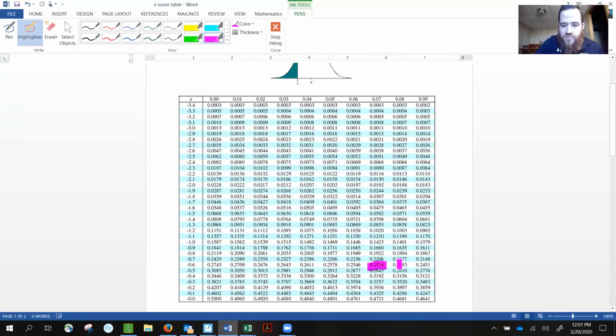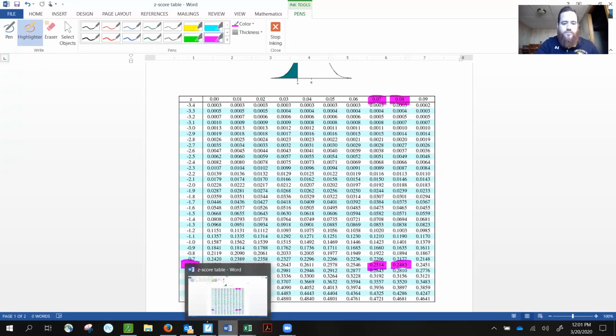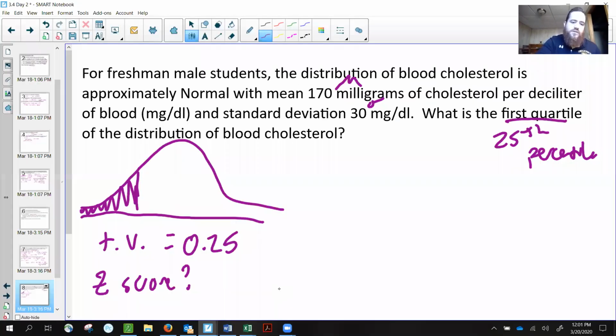So it's going to be somewhere between those two, at negative 0.67 and 8. So the z-score is equal to negative 0.67 plus negative 0.68 divided by 2. We get the z-score is negative 0.675.